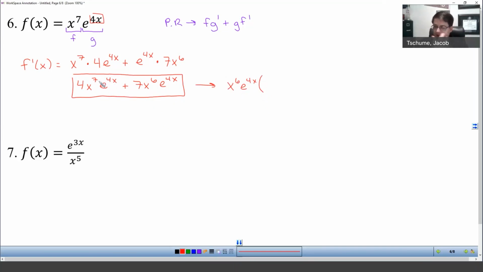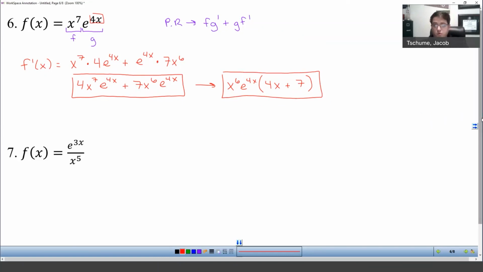Inside parentheses, if I write down what's left over, there's going to be a 4x left over here, and then plus, and the only thing I didn't factor out here was the 7. So if you wanted to go for a more factored form, which we will need later, we could write it as x to the 6 times e to the 4x multiplied by 4x plus 7.